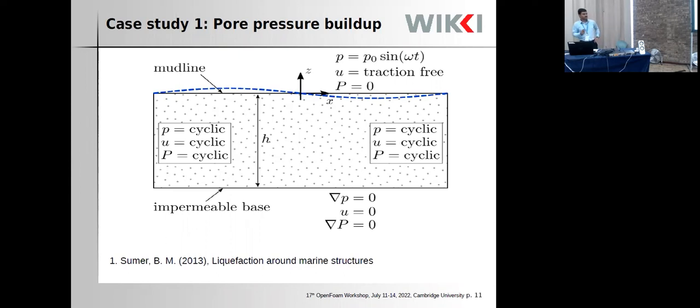At the sides, since I have exactly one wave, I can use cyclic boundary conditions, and at the bottom I have an impermeable base. So I set the gradients of the pore pressure and the accumulation of pore pressure to 0, and then I set the displacement to 0.